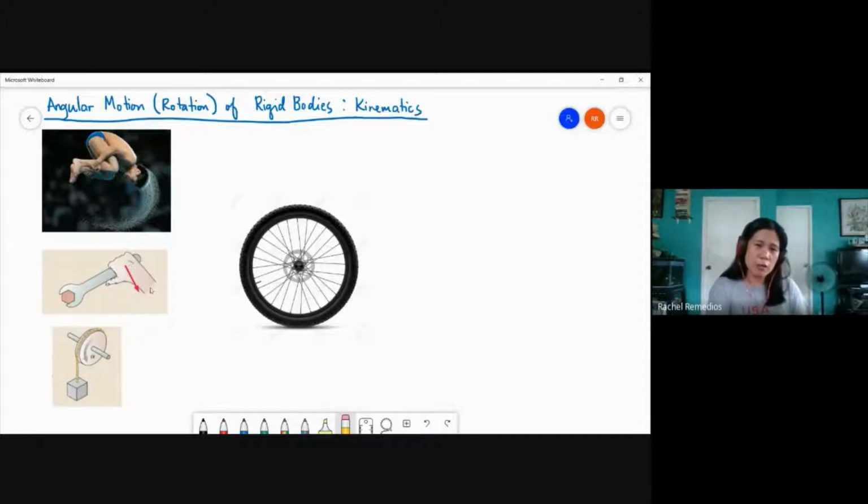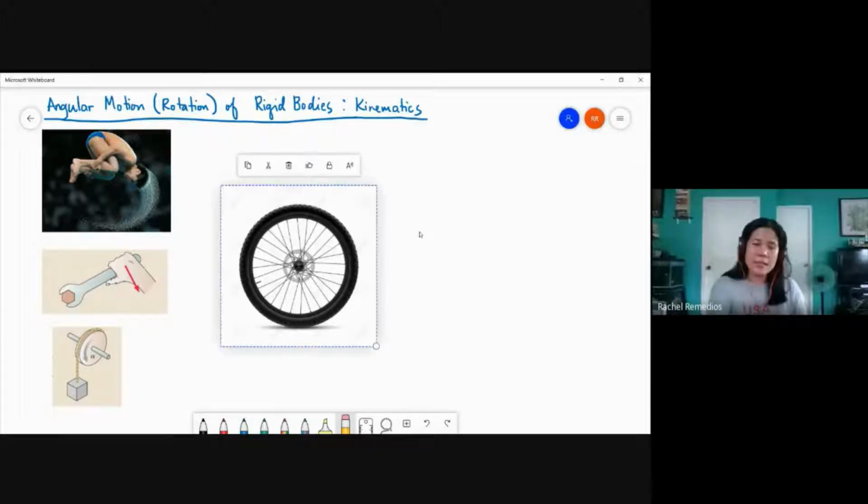So the torque of the force of the hand here will cause this bolt to rotate. Dito naman, meron kang axle dito and then tied by a rope. We'll go back to the two systems similar to this when we go to rotational kinetic energy. And then, ito ngayon ang gagamitin ko, itong bicycle wheel, for example, in describing the kinematics of the rotational motion.